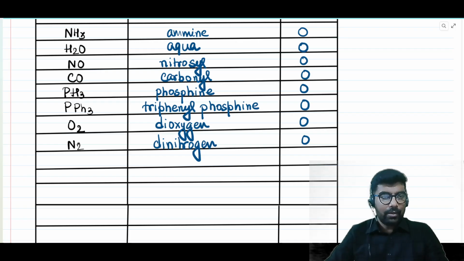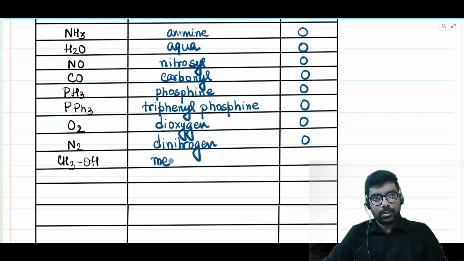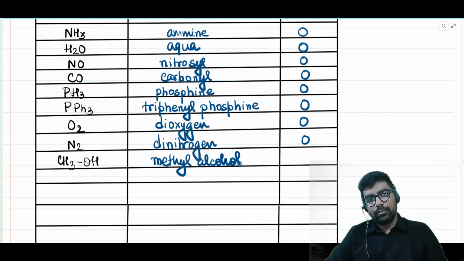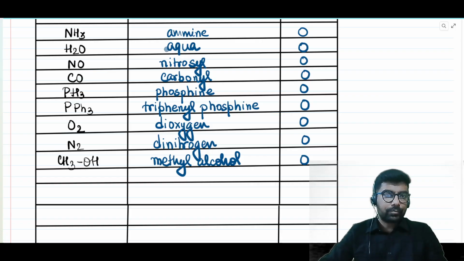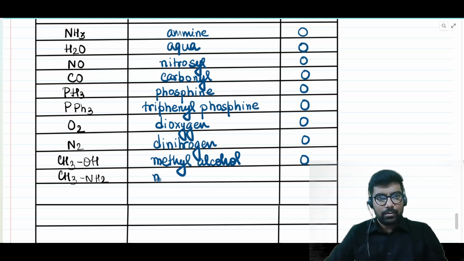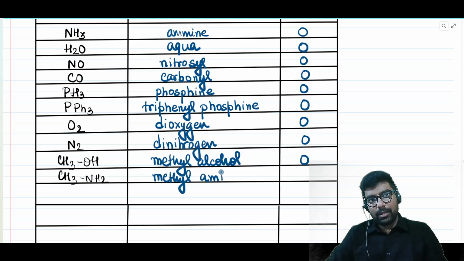And then we have CH3OH. We call it methyl alcohol, not methanol, methyl alcohol. No charge. Then we have CH3NH2. NH2 is an amine group, so the name will be methylamine, AMINE.